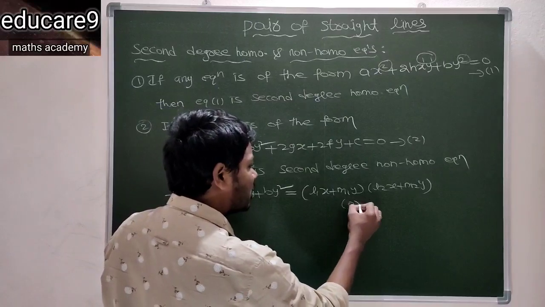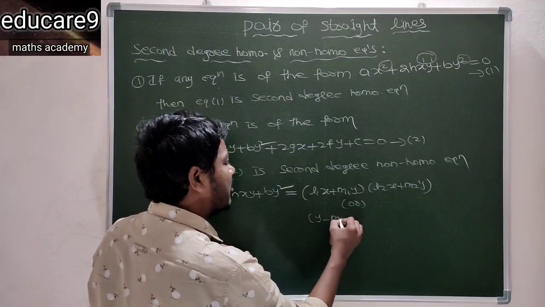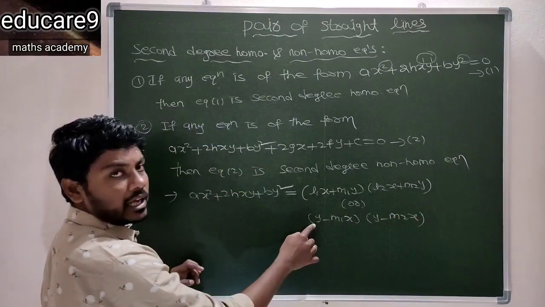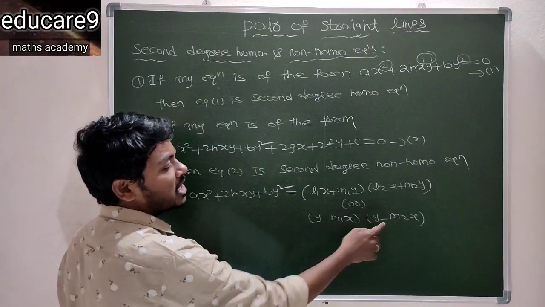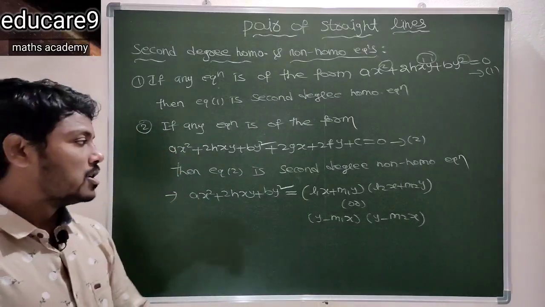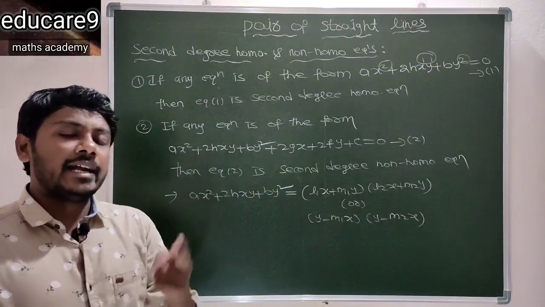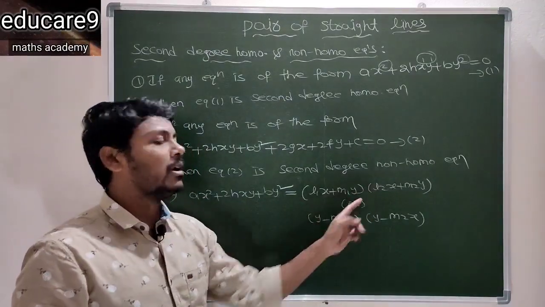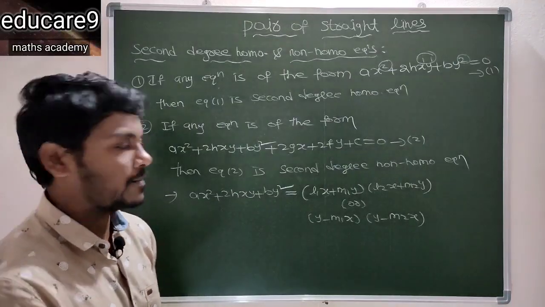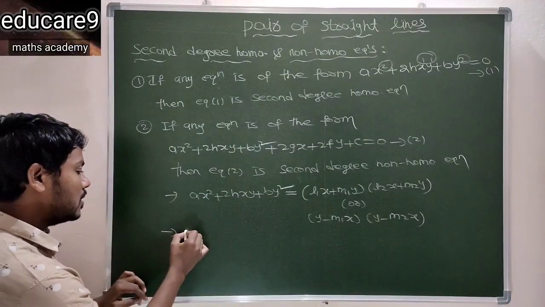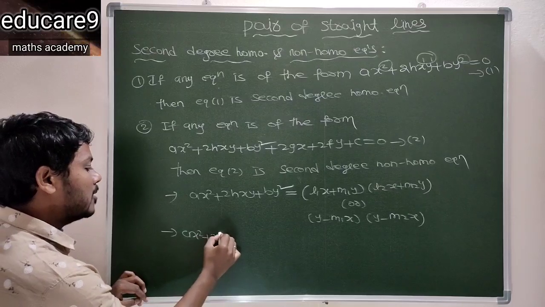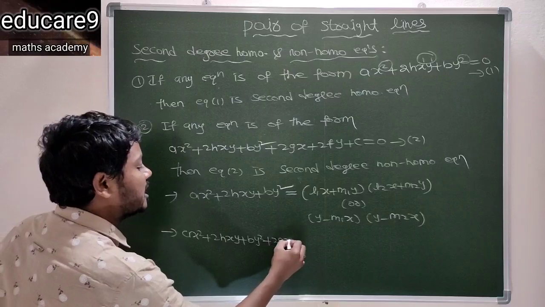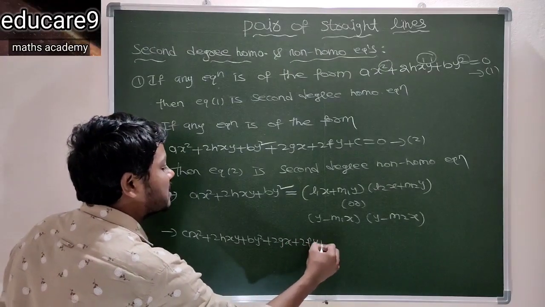Or you can consider y minus m1x and y minus m2x also. So degree of y is 1, degree of x is 1. So this is also a homogeneous equation. So clearly every second degree homogeneous equation represents the product of two linear homogeneous equations. Okay. So next one, ax square plus 2hxy plus by square plus 2gx plus 2fy plus c.